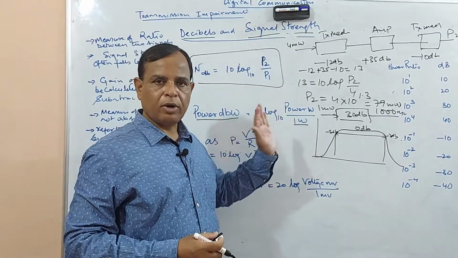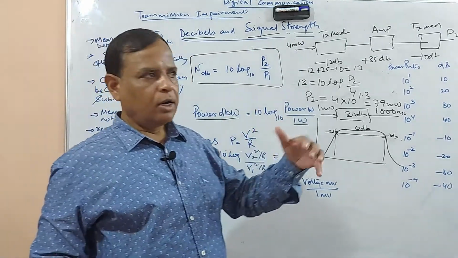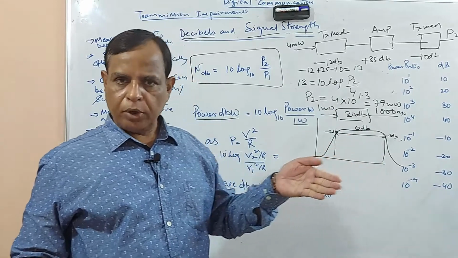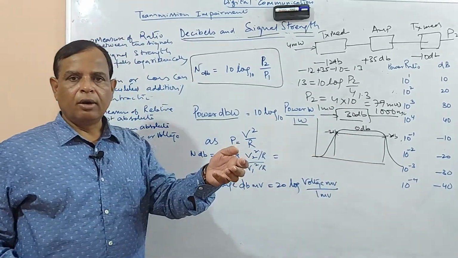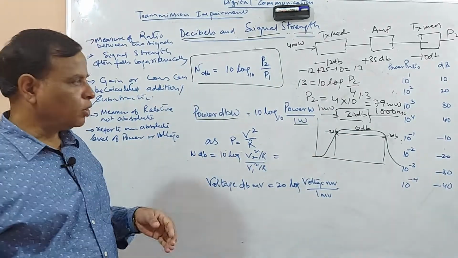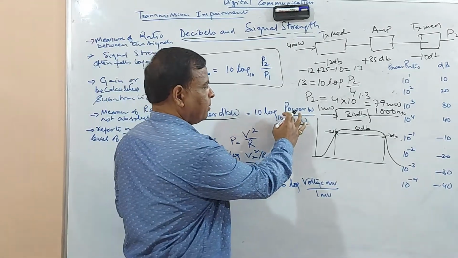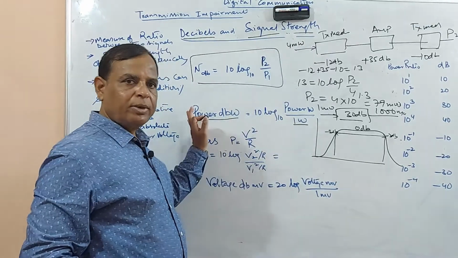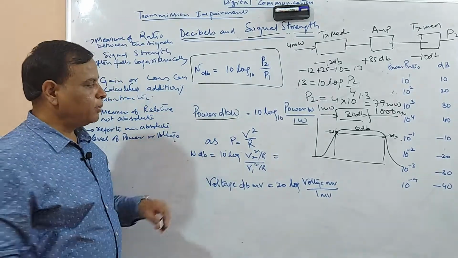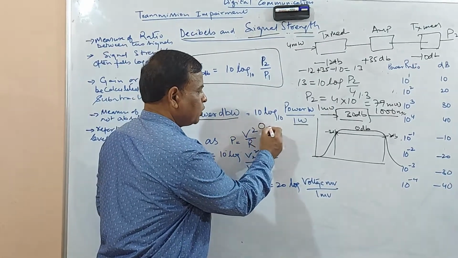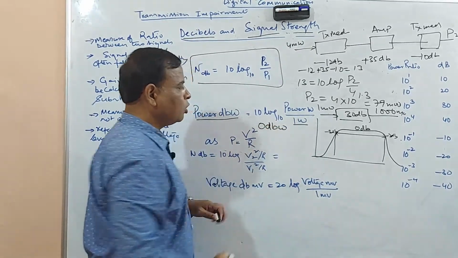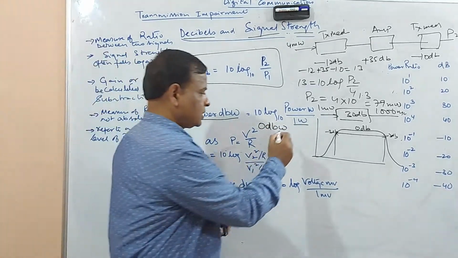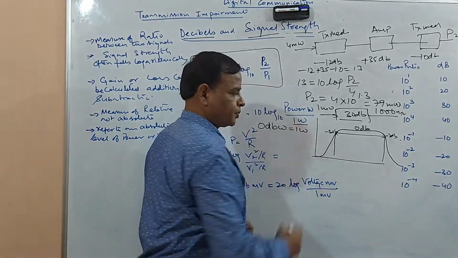Based on that, you are representing those values in the dBW form. For example, if the power is 1 watt, then what will be the power in dBW? It will be 0 dBW. Okay, 0 dBW means it is 1 watt.